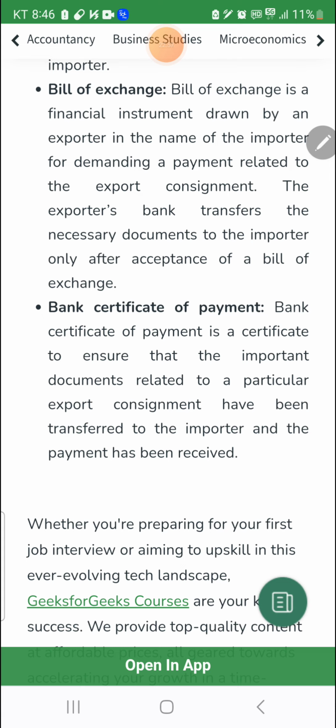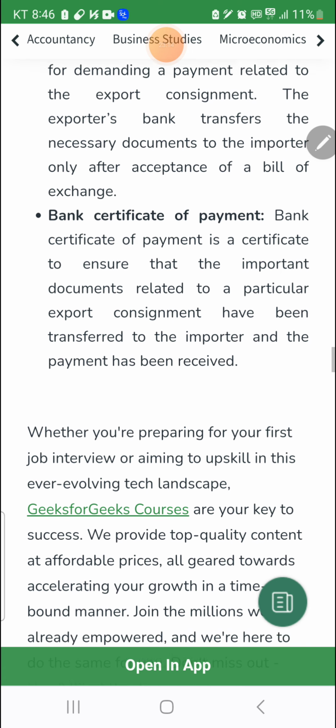Bill of exchange is drawn by the exporter, right? It is given to the exporter's bank, and the exporter's bank then forwards all the documents to the importer's bank.